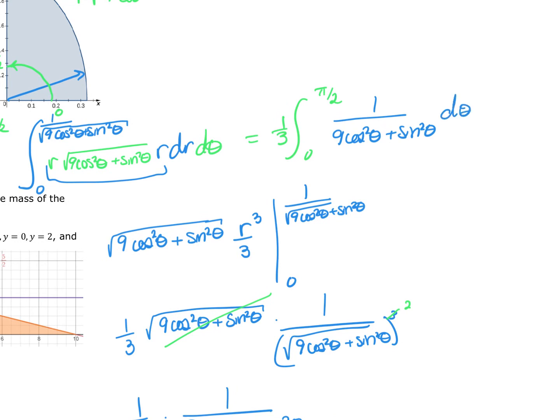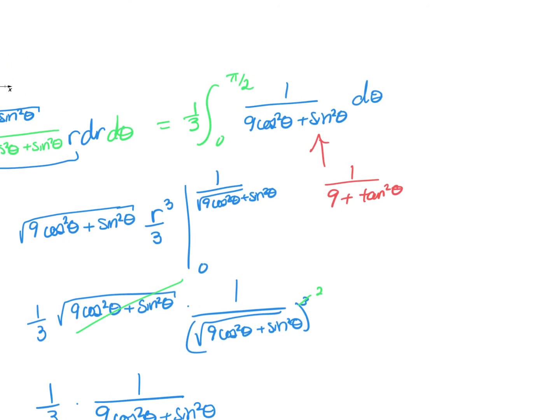And this looks an awful lot like, well, if I were to divide by cosine, this looks like 1 over 9 plus the tangent squared theta, which actually looks a lot like 1, oh, and I should have a tangent up here too. So I'm dividing everything by cosine squared theta.